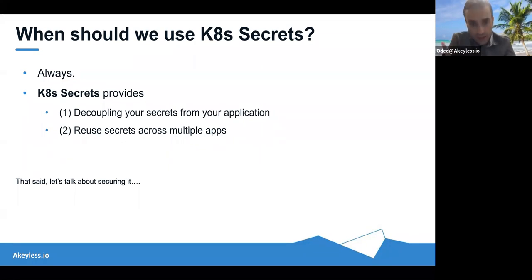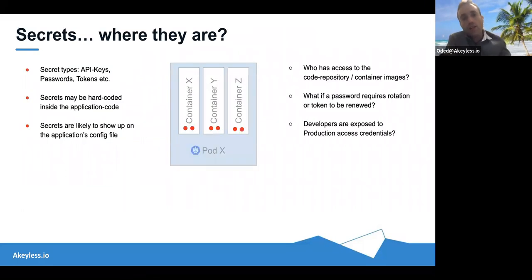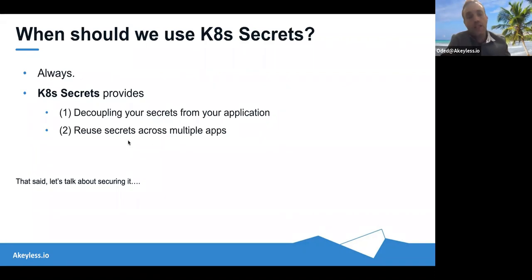So Kubernetes secrets, and this is where it comes into the discussion. The main goal of Kubernetes secrets is basically to provide decoupling of the secrets from the application itself. And I'll go back. Here you can see that those secrets are within the container. Now, the whole idea of Kubernetes is basically to provide virtualization of the running operating system, the running platform.